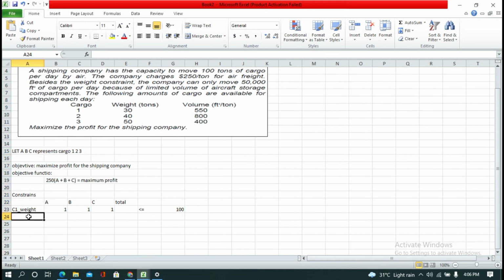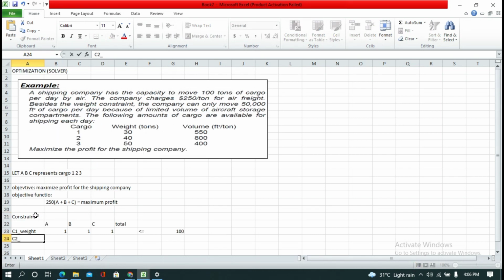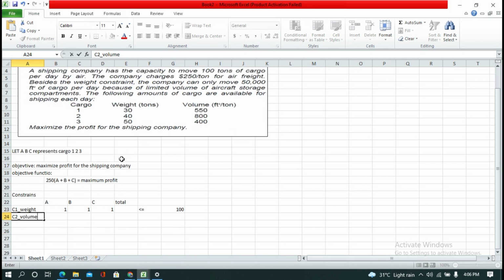And then our second constraint, or C2, is about the volume. For the volume, it says that the company can only move 50,000 cubic feet of cargo per day because of limited volume of aircraft storage compartment. So we need to input here the volumes.